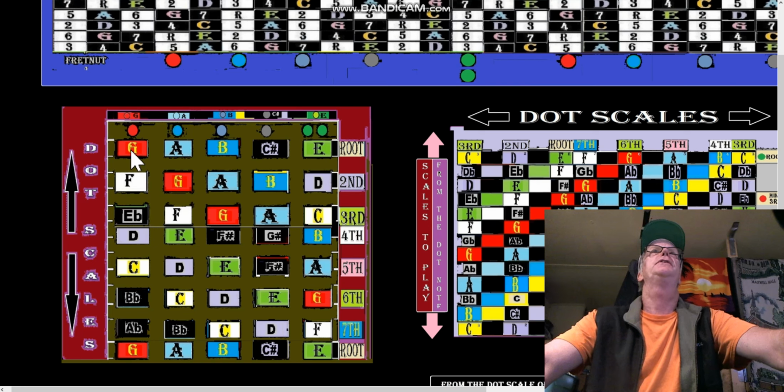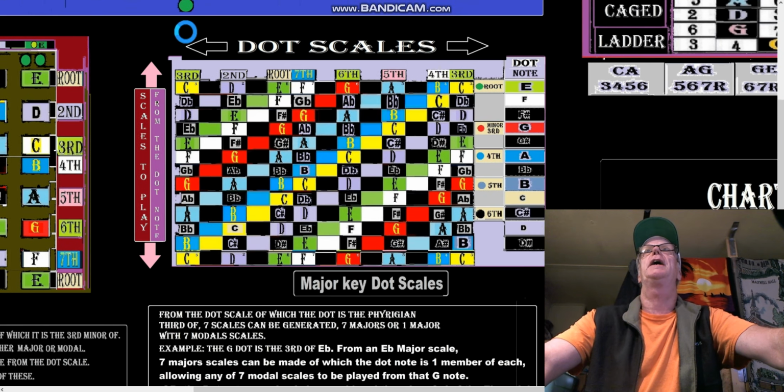The question is, how do you figure out what scale that dot is going to be? If you just started a regular major scale from that dot, you'd see that with the F it would become the second, with the E flat it would become the third. So that I have in this diagram over here.